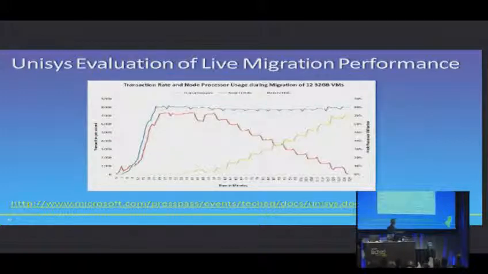The next one was a really interesting one. This was done by Unisys, and they were focusing on testing our live migration capability. What this graph shows is Unisys set up two of their really beefy high-end systems, loaded up a bunch of virtual machines, got a workload running, connecting to all of those servers, and they then proceeded to, one after the other, live migrate all the virtual machines from one server to the other.